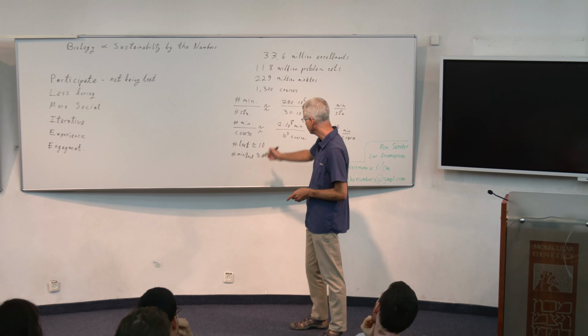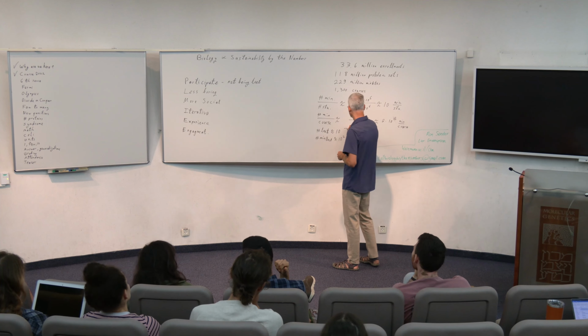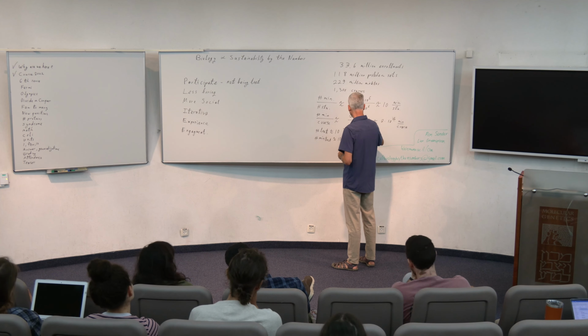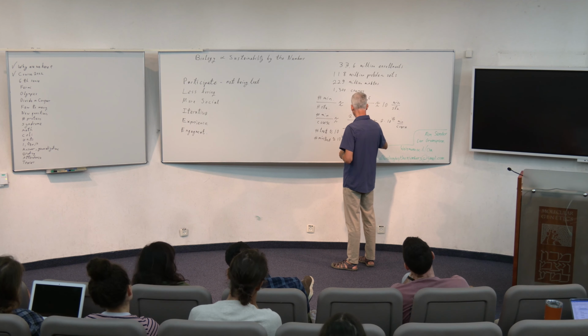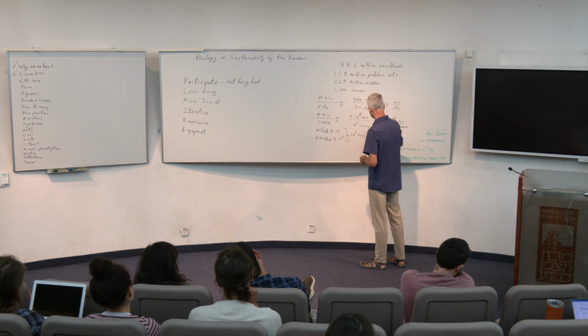So that comes to the answer that you heard here. Together it's about 1,000 minutes per, what should we call it? Per real student. So it's about 10 to the 3 minutes per real student in a real course.